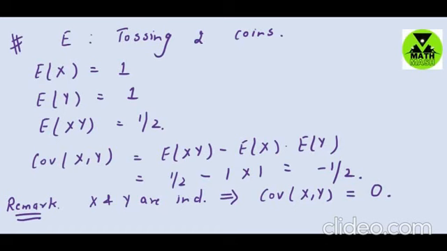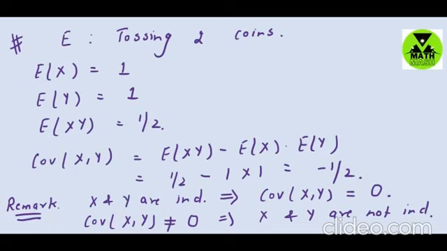And the other way, we can say that if covariance of x, y is not equal to 0, then x and y are not independent. So these two statements are true, that if x and y are independent, then covariance between them is equal to 0. But if covariance is not equal to 0, then we can say that x and y are not independent.